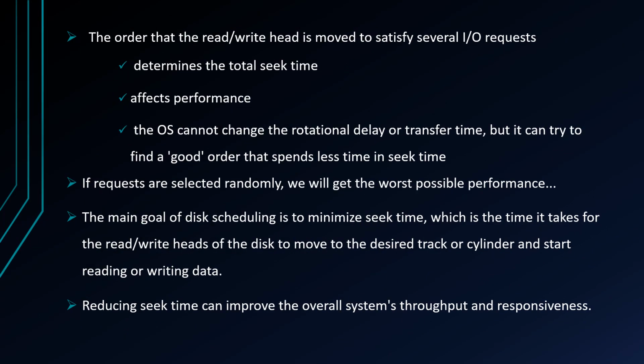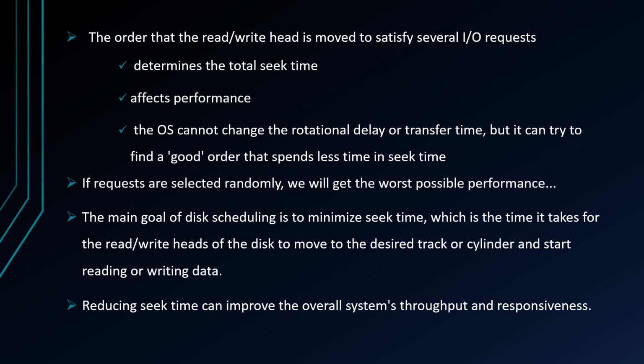The order in which the read or write head is moved to satisfy several input output requests determines the total seek time. It affects performance. The OS cannot change the rotational delay or transfer time, but it can try to find a good order that spends less time in seek time. If requests are selected randomly, we will get the worst possible performance.